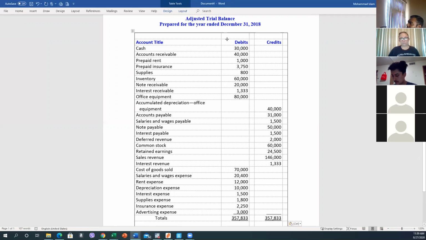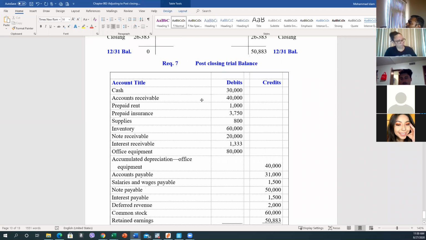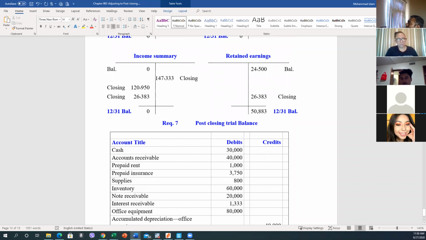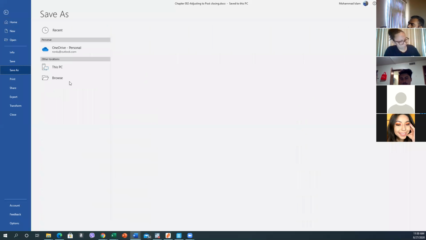So take 5 minutes and solve this one. Okay. So finally we have this post-closing trial balance after closing all the revenue and expense accounts. Okay. So this is done. I'm saving this one and I will post it on Learn.